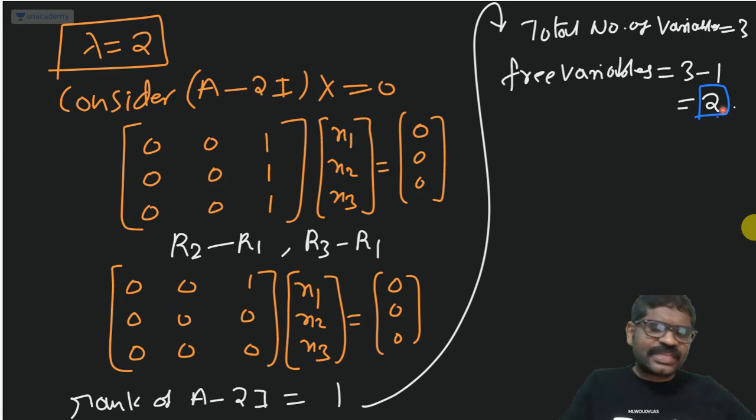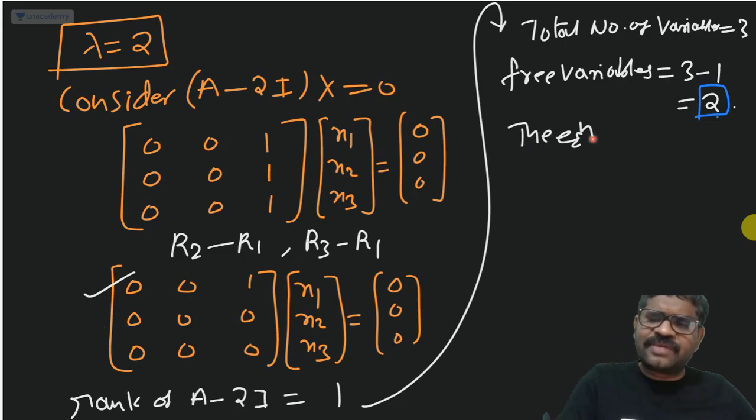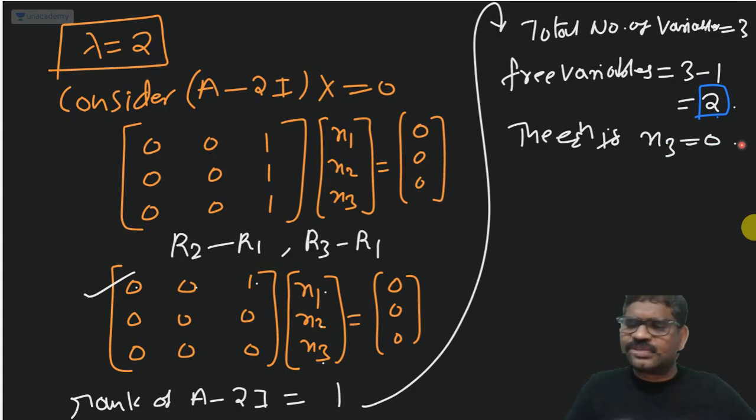Observe. The first row is the non-zero row. Write the equation. The equation is 0x1 plus 0x2 plus x3 equal to 0. So x3 equal to 0. By using this equation, you can understand that we should not take x3 equal to k, because x3 value is already 0 from the equation.